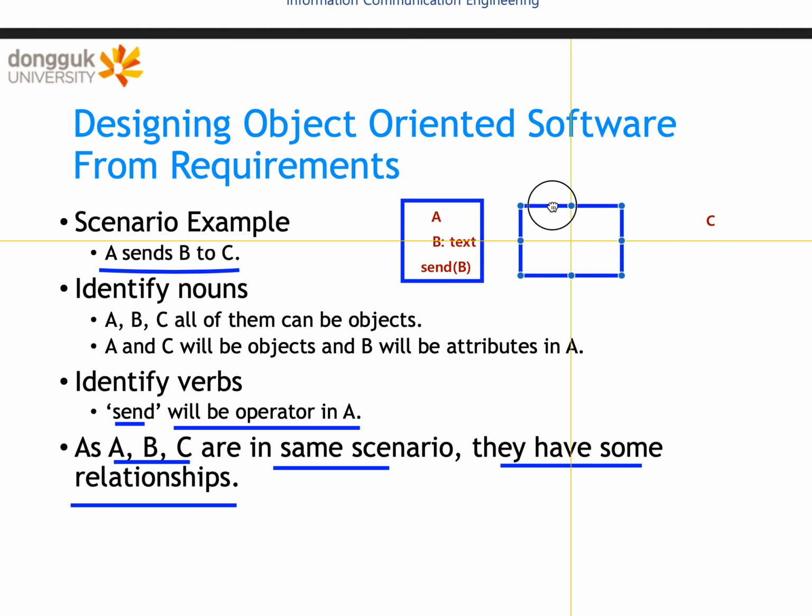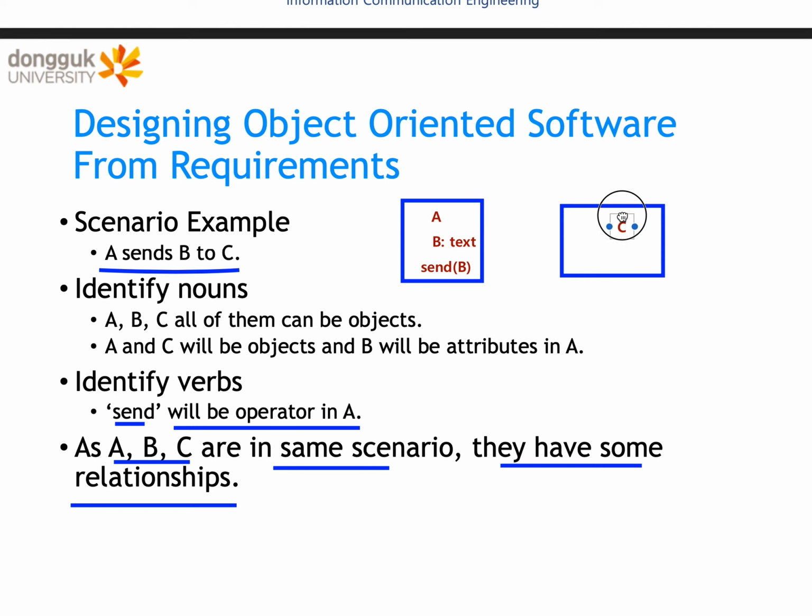And class C only receives the message from class A. To this end, it must have class A as an attribute, and then it must have some kind of operation like receive.